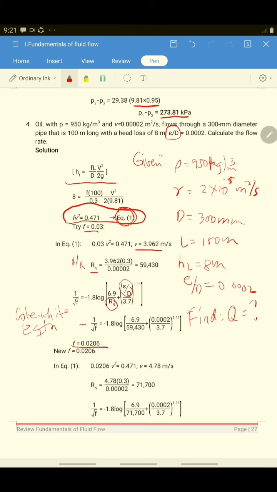Why? Because the Reynolds number here is 59,430, and that is much greater than 2,000.